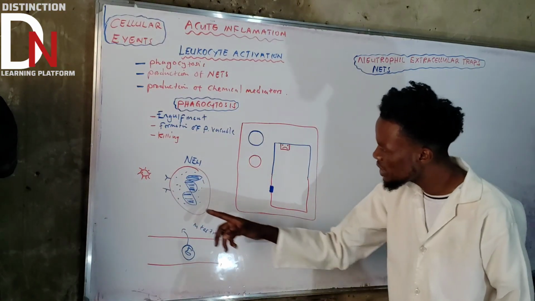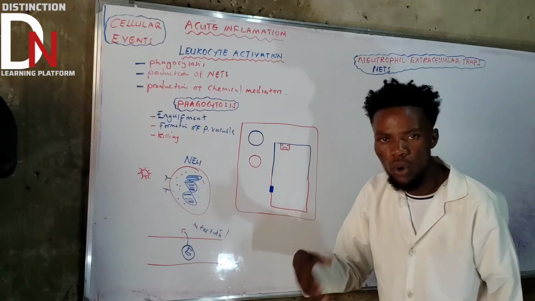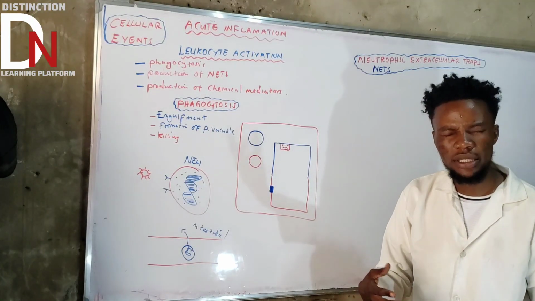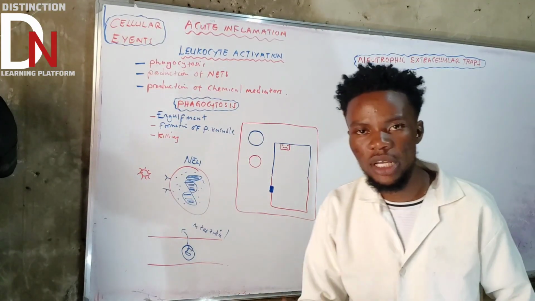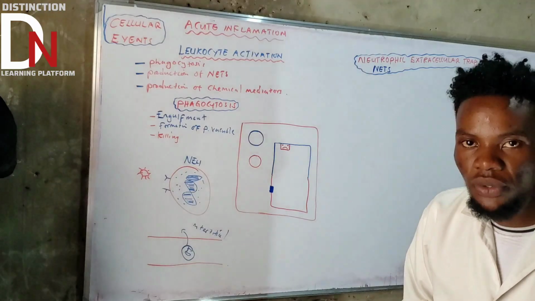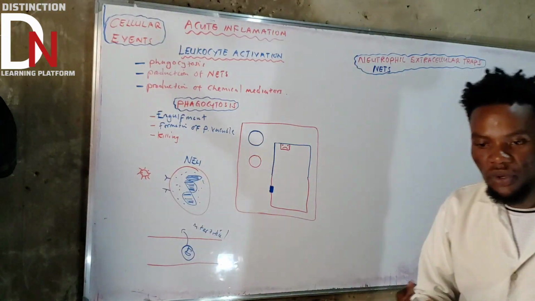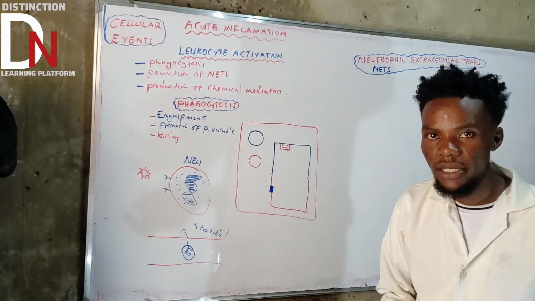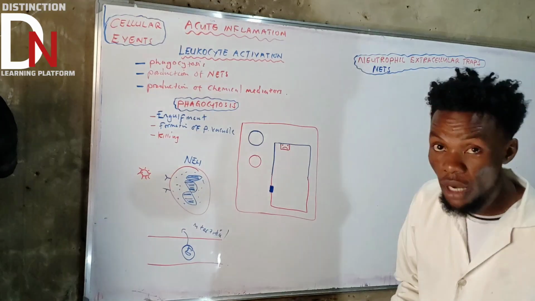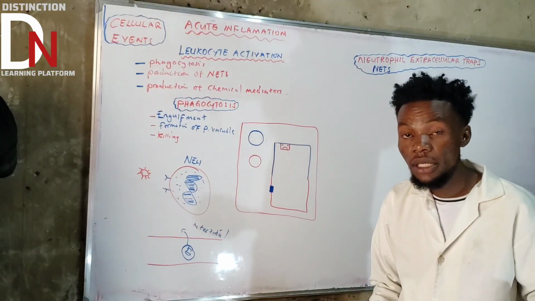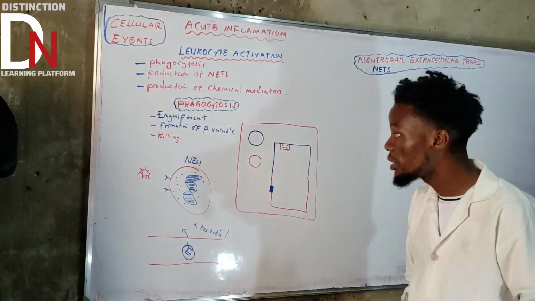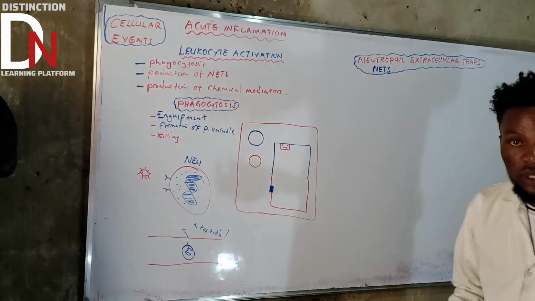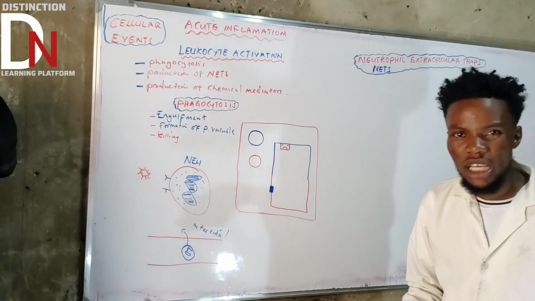So the question is, what are these receptors? What are the types of receptors that you need to understand? If you watch that video, we talked about the receptors that can be found on the leukocyte. We call them phagocytic receptors. Good examples are toll-like receptors, which are about 10 in the family. And we also talked about the inflammasomes, chemical types of receptors.